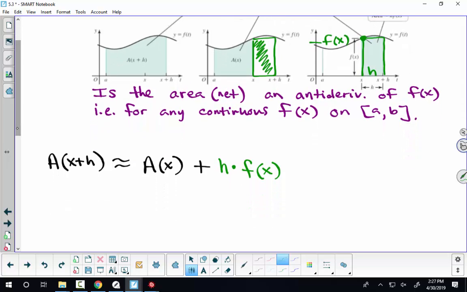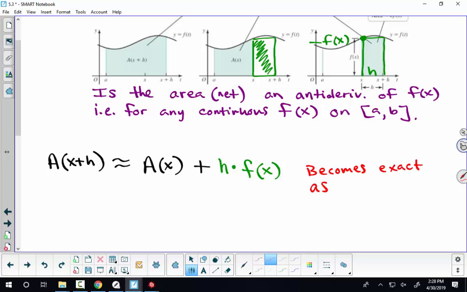And how would we make that exact? The area up to x plus h would be exactly equal to that if we let what happen? H approaches 0.